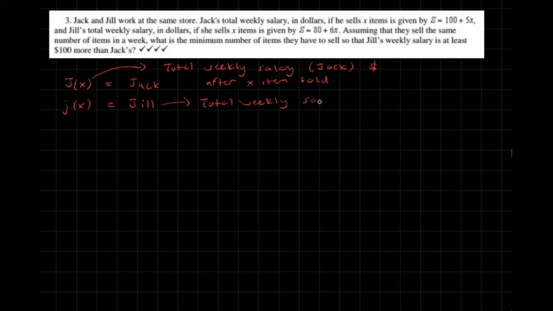Jack's total weekly salary in dollars, this is J of X for the total weekly salary, and this is Jack's in dollars after X items sold. And lowercase j of x is the total weekly salary of Jill in dollars after X items sold.